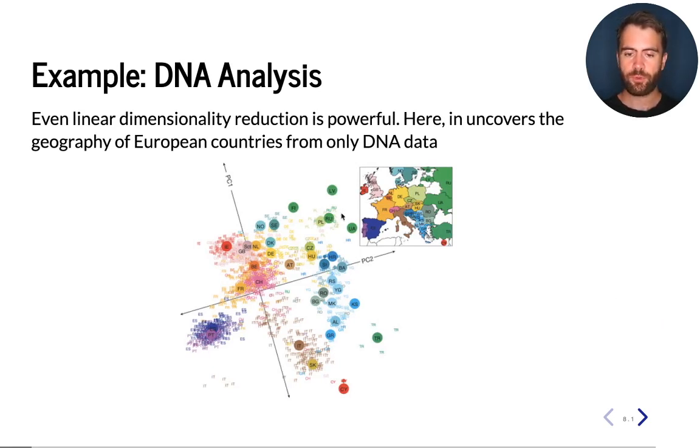This is an example to which I alluded earlier, in which we perform dimensionality reduction, this time on vectors of DNA sequences. So each X here is a vector of attributes, where each attribute specifies the presence or absence of certain nucleotides at certain positions in the genome.